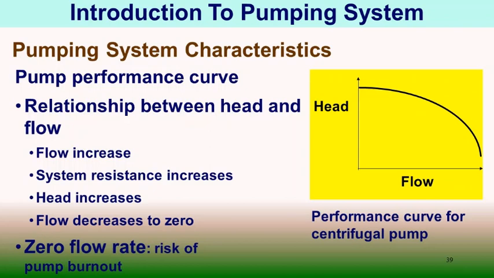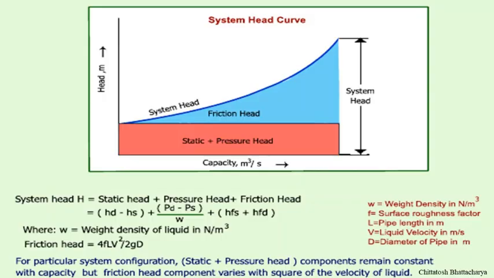Now let us try to understand the system head and how it is configured with the capacity utilization of the pump. System head is a combination of static head, pressure head and friction head.